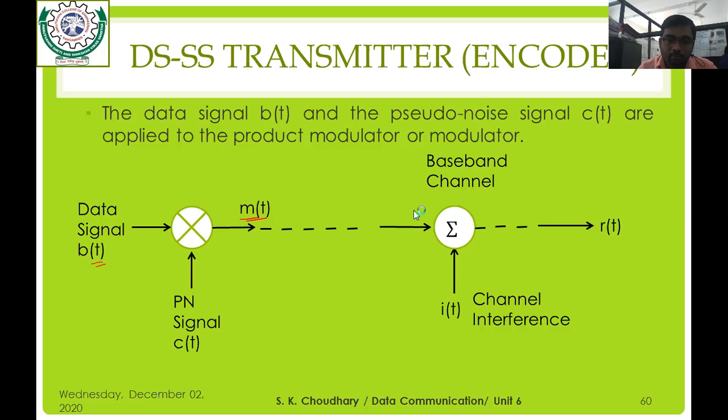If I have to see here, signal m(t) would be added, and along with that, when it passes through the channel, some interference would be added, that is represented as i(t). So it is here a baseband channel, and then whatever the product of this, that would be r(t), is received by the receiver. That is a noisy version of this m(t).